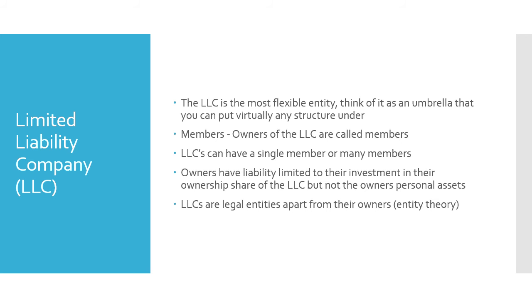All right. So conceptually, the best bet is to think of the LLC as like an umbrella or a shed that you can place business assets and liabilities under, and doing so kind of shields from liability, right?